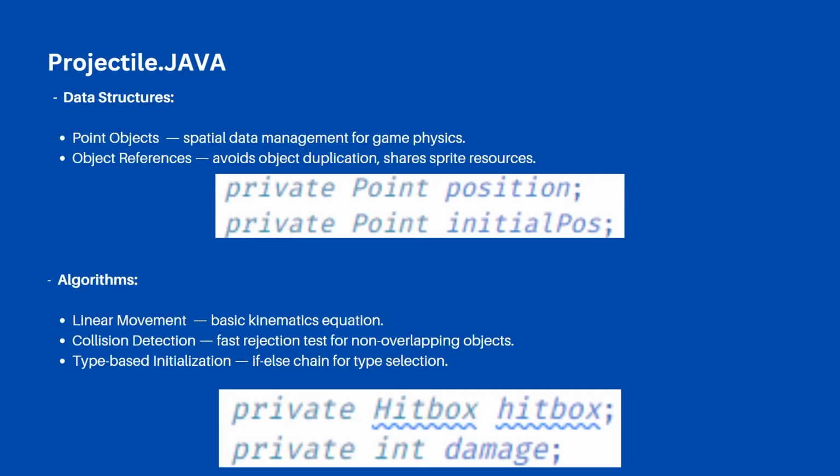Next, the projectile Java with the Boy object reference, linear movement, collision detection, and type-based implementation of basic kinematic equations. This could be optimized with a hash map to replace the linear array, and a circular array for object pooling, and finally a fixed-size array for vector mathematics.